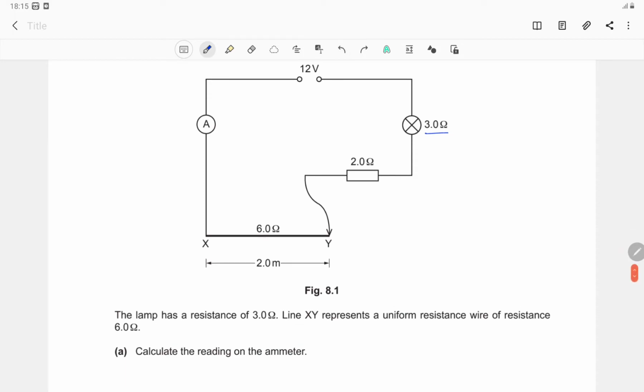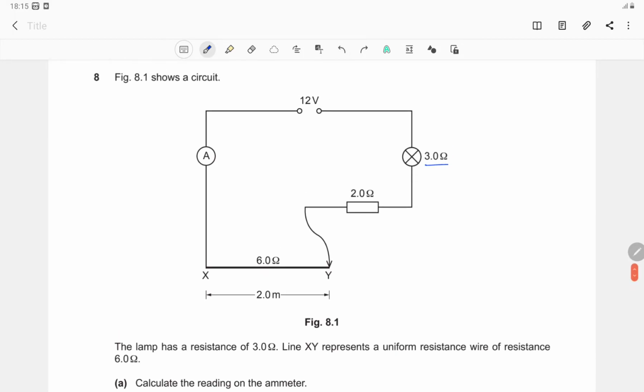Calculate the reading on the ammeter. So you need to find out what is the reading on the ammeter or what is the current in the circuit. So we have the potential difference or voltage, that is 12 volt, and we have the different resistors. There are totally 3 resistors.